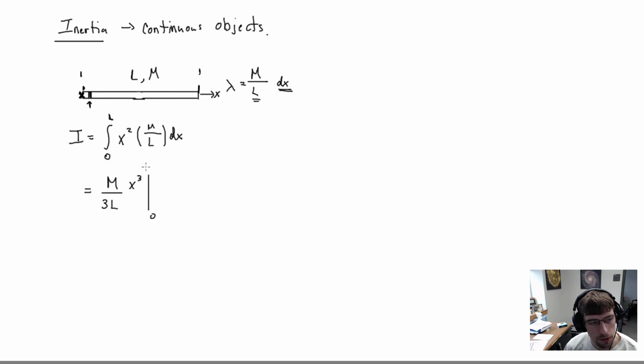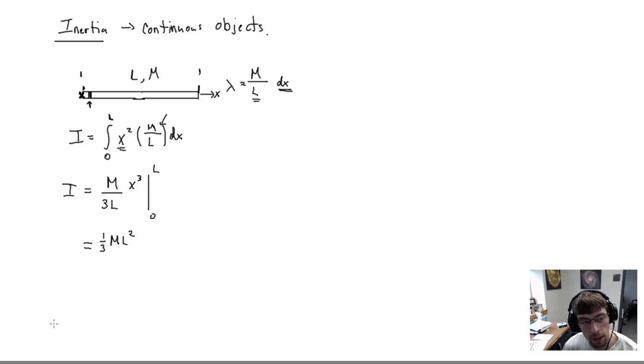Should have something like this, right? We've already done this antiderivative. This is just a constant, so we just pull it out front. Boom, we've got the answer right here. And the only thing left to do is to evaluate it. So, let's see. We have ml squared times 1/3.